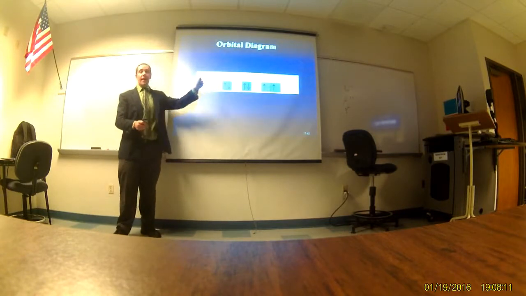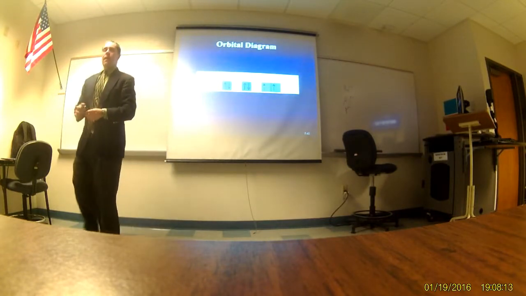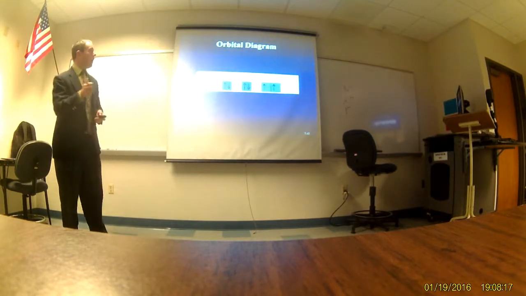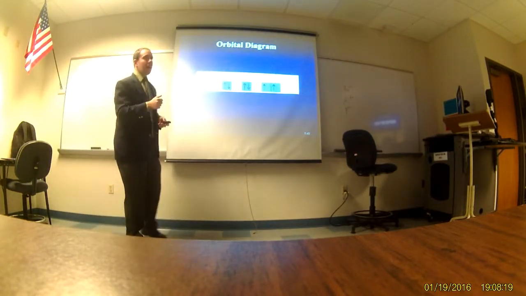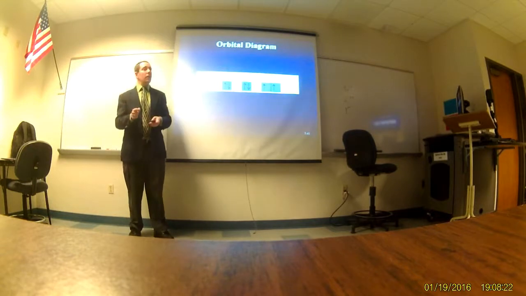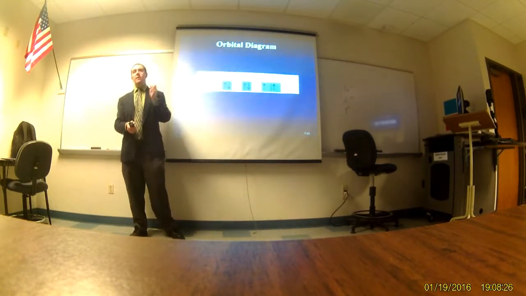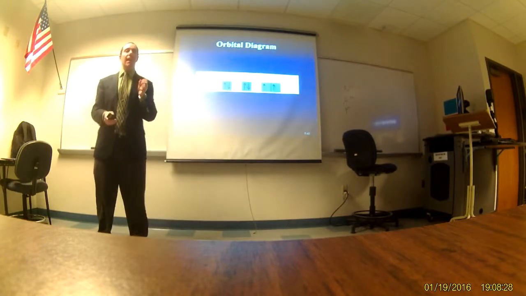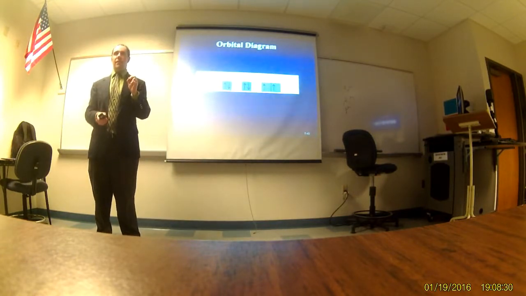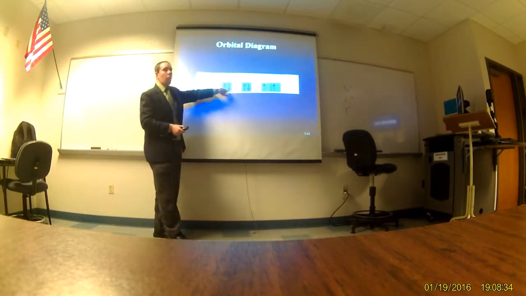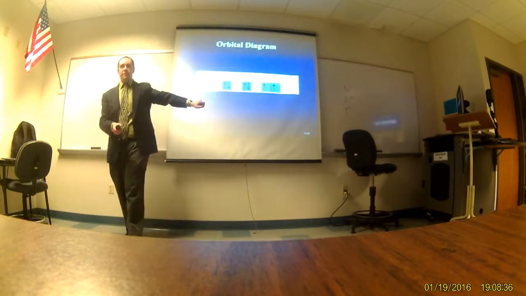If I ask you on a quiz to draw me the orbital diagram, I'm most likely going to tell you an orbital diagram is the one with the boxes. If you see it on the final exam, they are not going to be that nice. So you need to know that the orbital diagram is the one with the boxes.